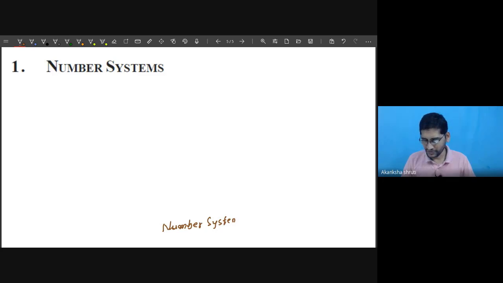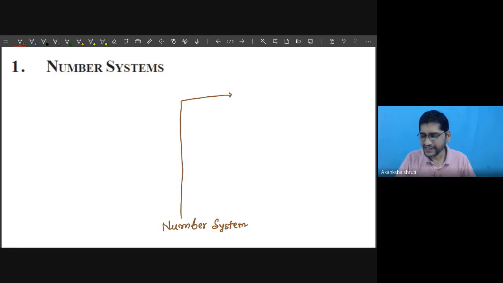At your level, what you have to learn is the real number. Whether you write number system or real number, they mean the same thing. At your level, you have to learn about the real number only.